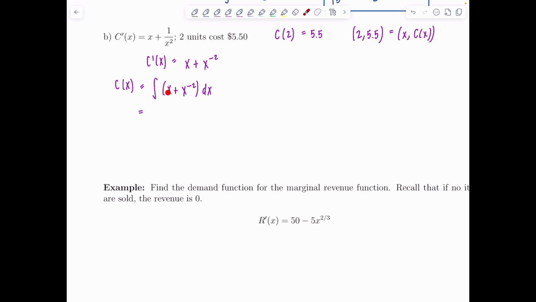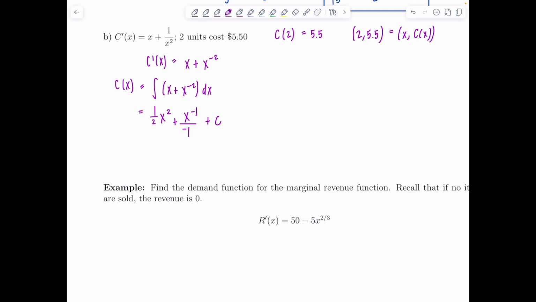This is x to the first, add 1 to the exponent, divide by the new exponent. You'll have x squared over 2. I like writing it as 1/2 x squared much better. And then add 1 to the exponent, divide by the new exponent. It's going to be x to the -1, right? And then we're going to divide by -1. And then plus c.